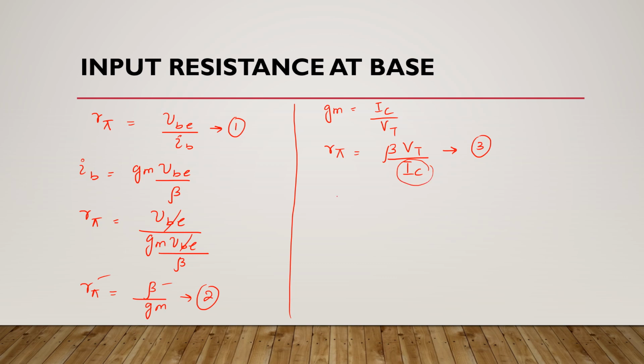We know that IC is equal to beta IB, so IB is equal to IC upon beta. If we put this relationship in equation number 3, we get r pi is equal to VT divided by IB. It means this resistance is inversely proportional to the DC base current.